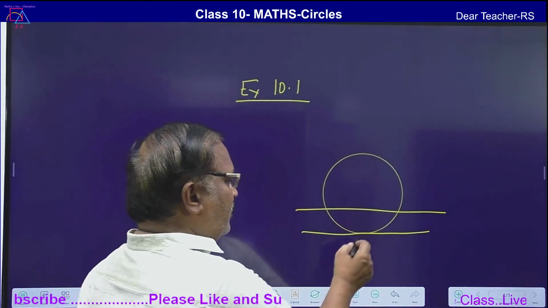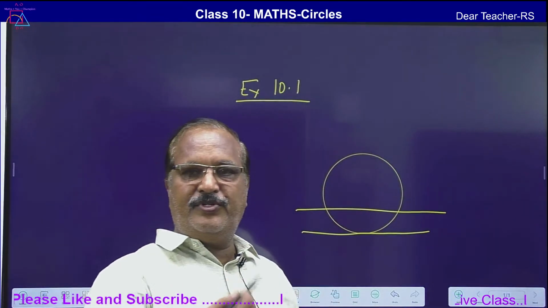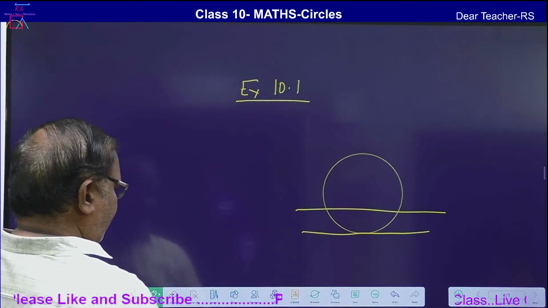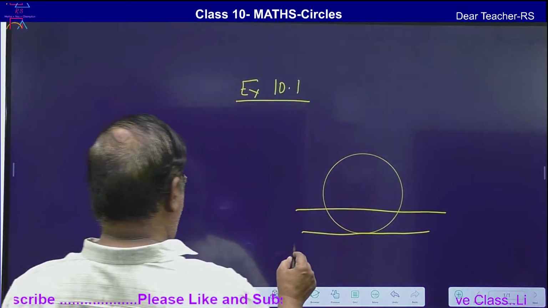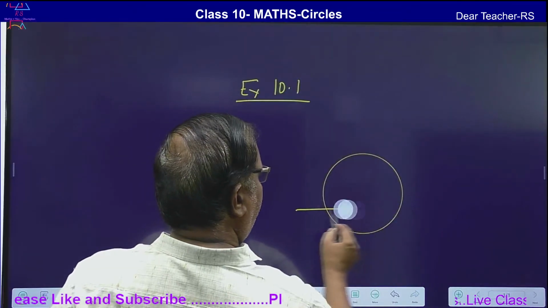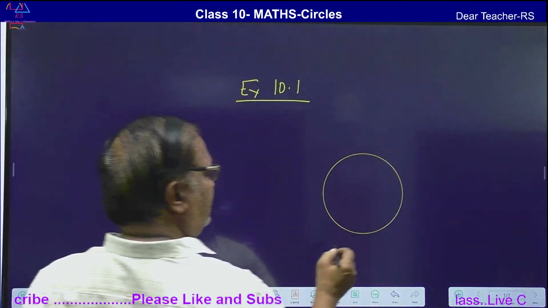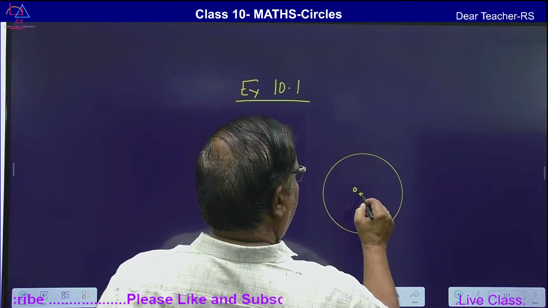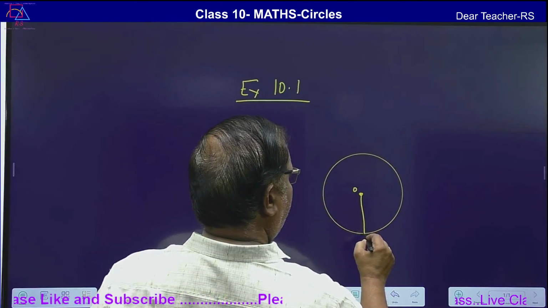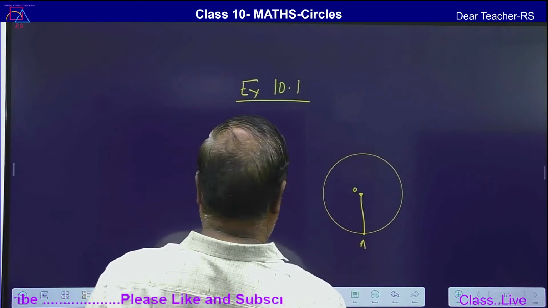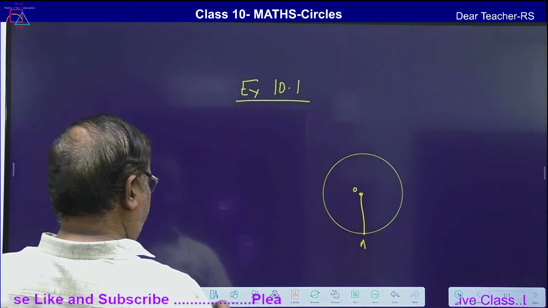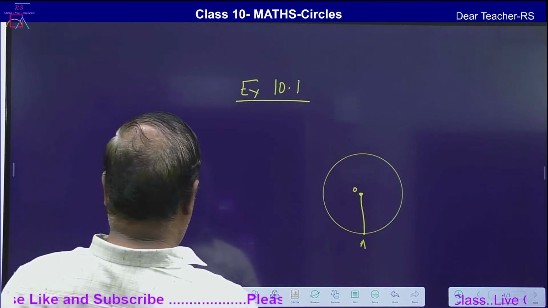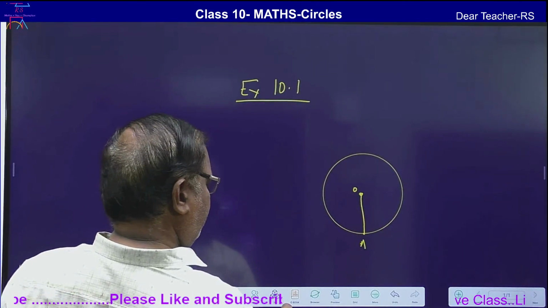So how to draw this? Let me explain how to draw a tangent. First draw a circle, take the radius. OA is the radius. Now you have to take a geometry box.